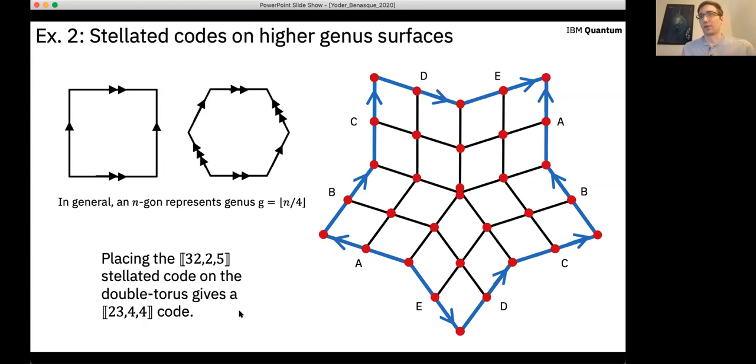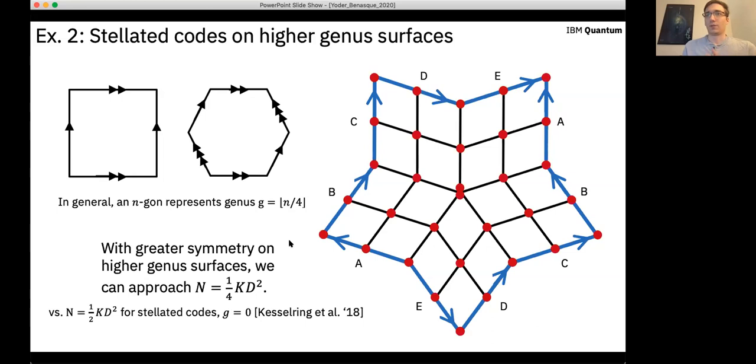So the general pattern here is that you end up doubling the number of encoded qubits while slightly reducing the number of physical qubits. This reduction only comes from the fact that you're identifying qubits along the edges. So you're losing order d physical qubits, and then you also reduce the distance by 1. This is also from the fact that you're identifying qubits along the boundary.